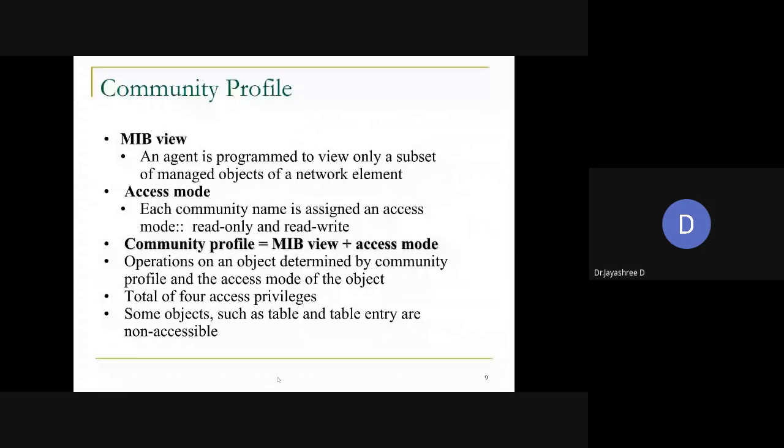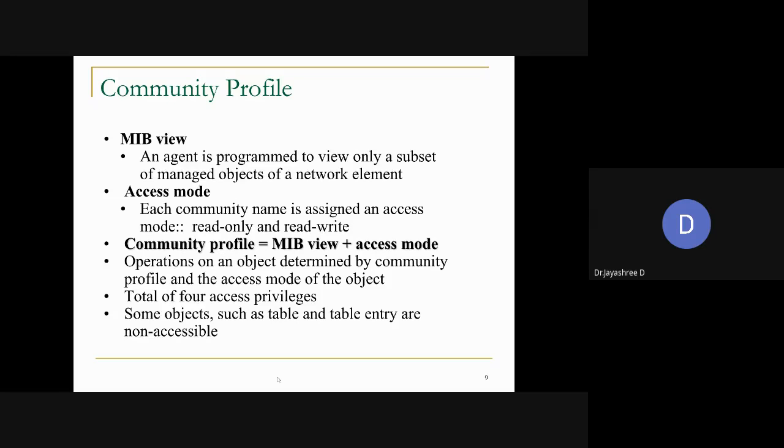Now there is a profile, we can call it the community profile. Here the MIB view means an agent is programmed to view only a subset of managed objects of the network element. So a MIB view is one of the things: how I am viewing that agent there. It allows only the partial.